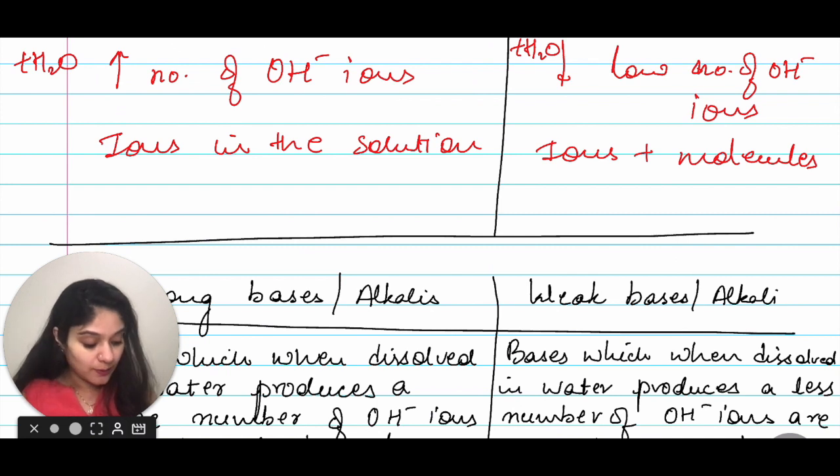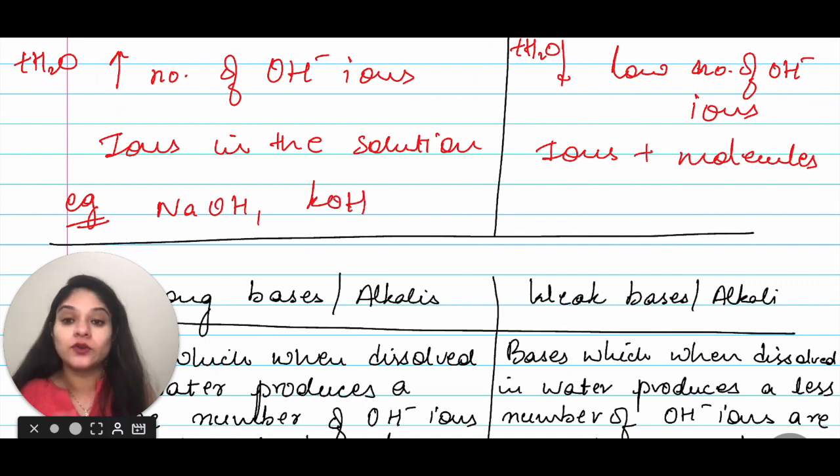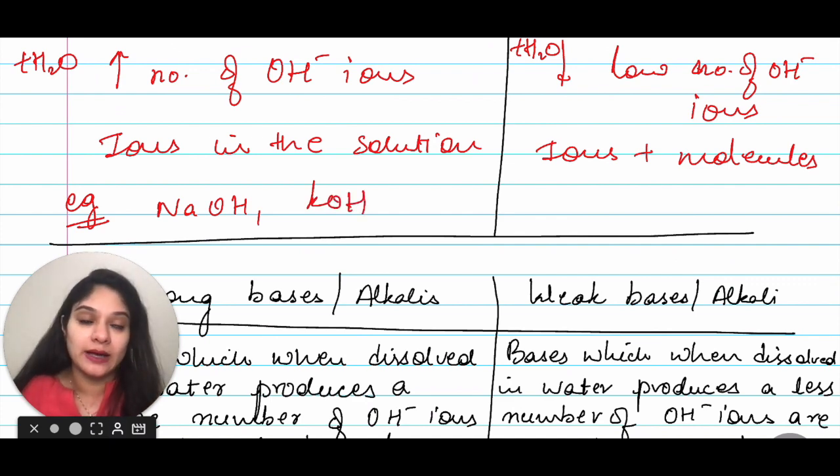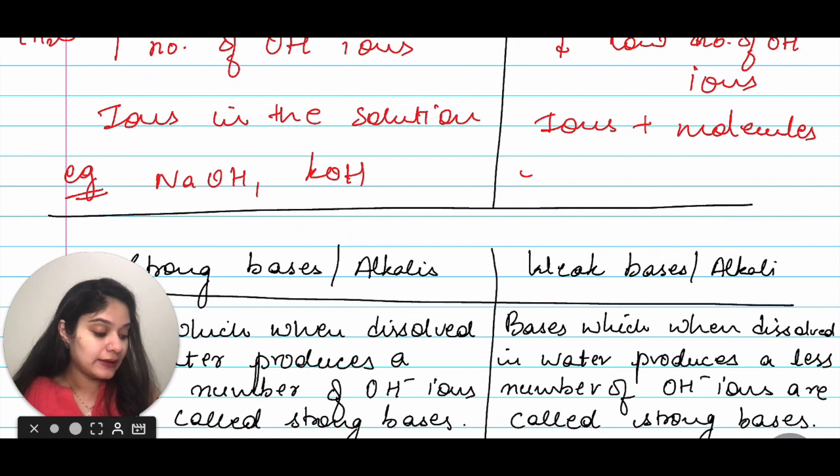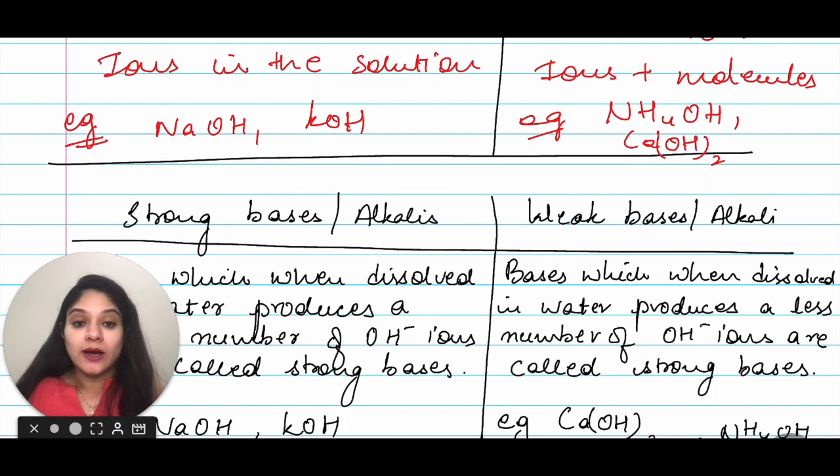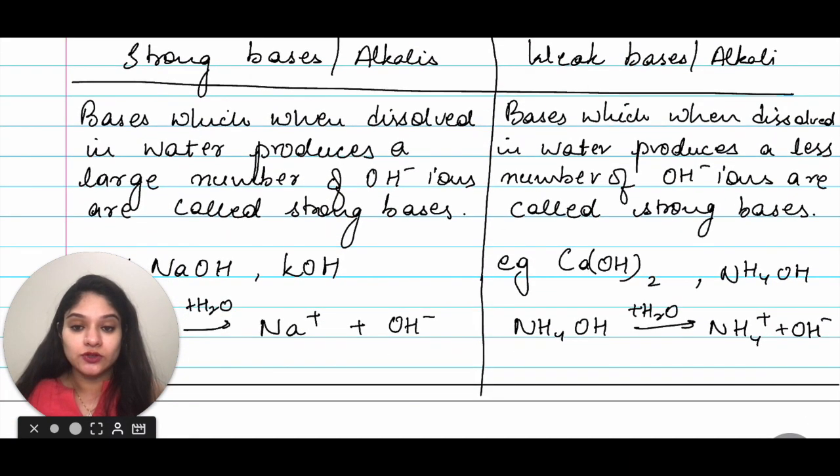Let's look at a couple of examples. For strong alkalis, your examples would be NaOH and KOH, because we already discussed they are strong alkalis. And for weak alkalis, you will have ammonium hydroxide, NH4OH, and slaked lime, that is Ca(OH)2. So now you can take a note of this definition which is properly written here.